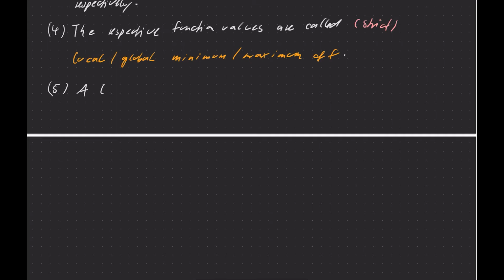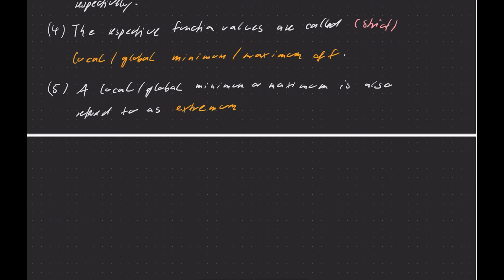So a local or global, strict or not, minimum or maximum is also referred to as extremum or optimum of the function f.